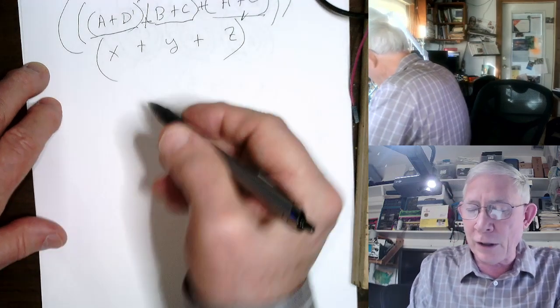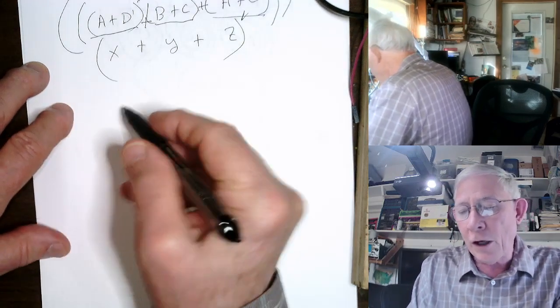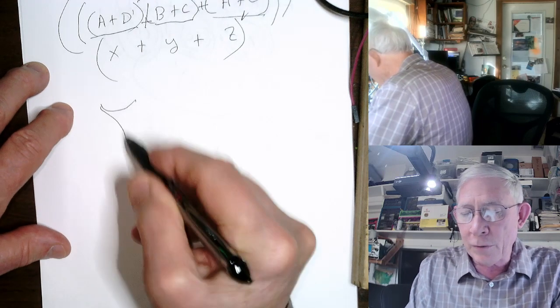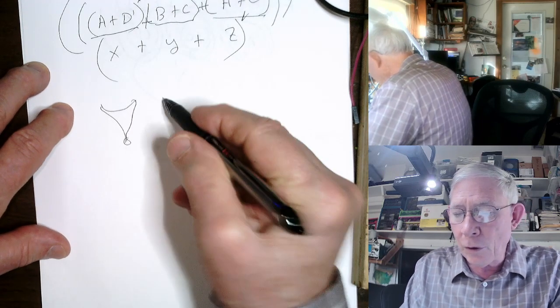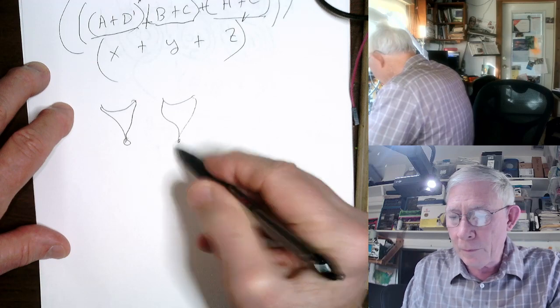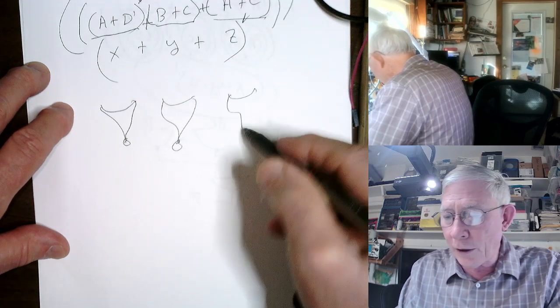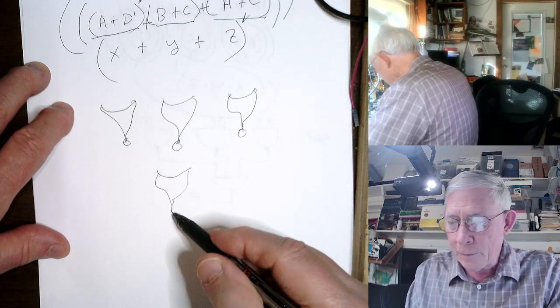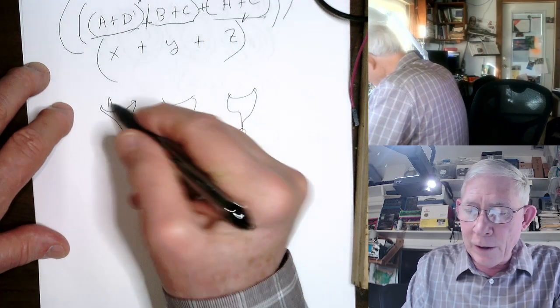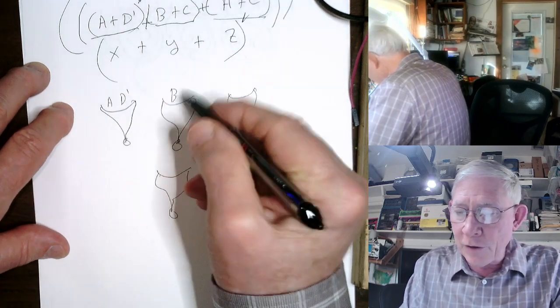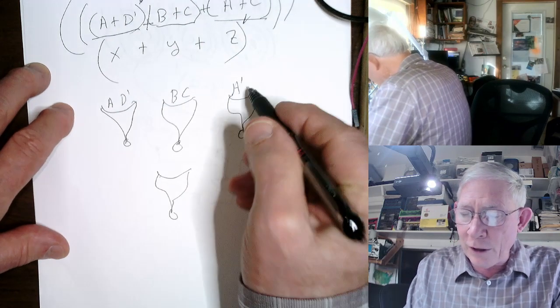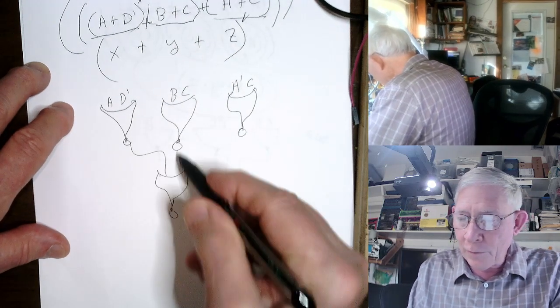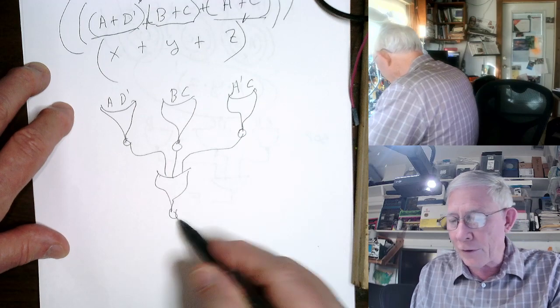So this basically becomes a NOR gate here, a NOR gate here, a NOR gate here, and one output NOR gate. This was A and D prime, this is B and C, this is A prime C, and they all feed in here, and that's F coming out.